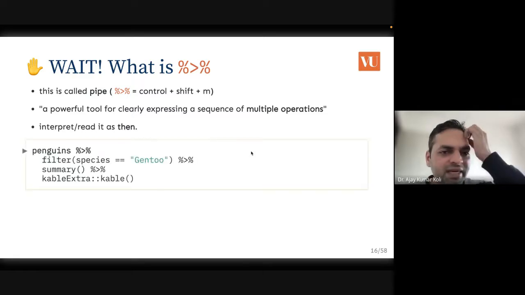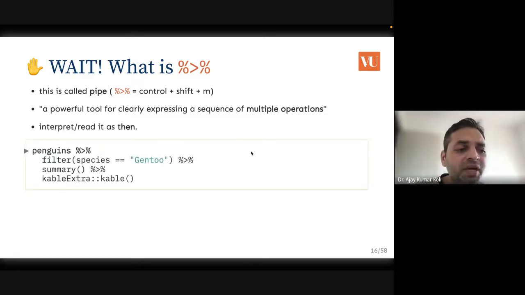Now, how to understand the pipe? You read pipe like the word "then". Like, call data, then I want to filter this data based upon the variable species, based upon the value Gentoo. Then I want to write a summary of this. Then I want to make a table of it. So it is like a poem, one after another, in logical steps.